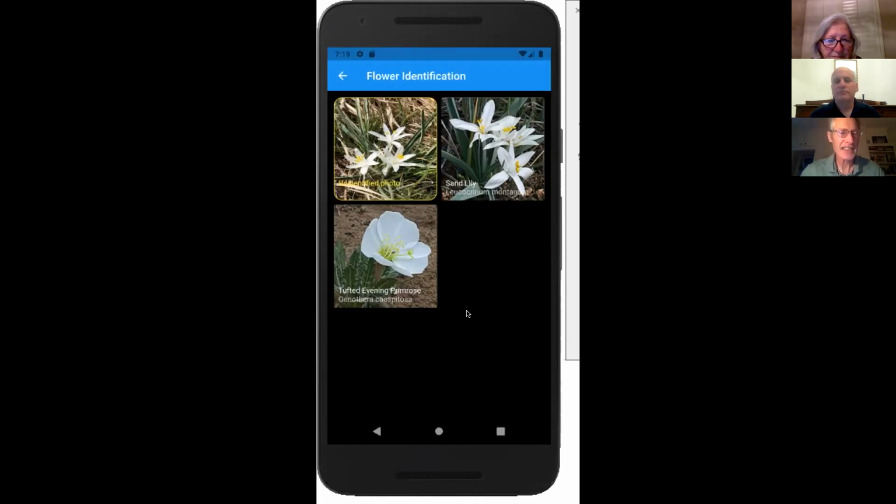And luckily in this case, the first guess is the sand lily, which is correct. But it also shows the primrose, which was its second best guess. In this case, it was 90% certain that it was a sand lily, and just fractions of a percent for the primrose.